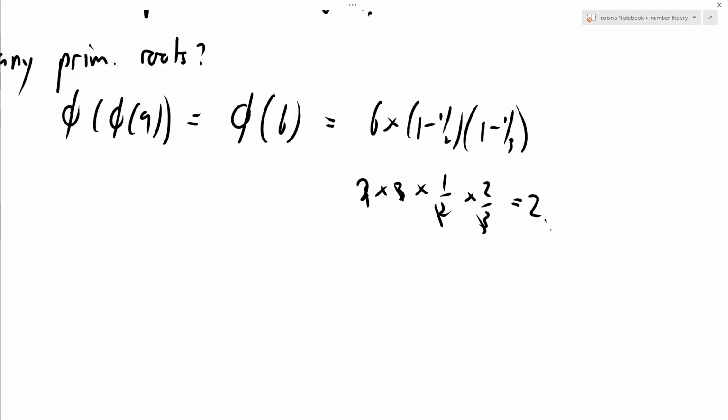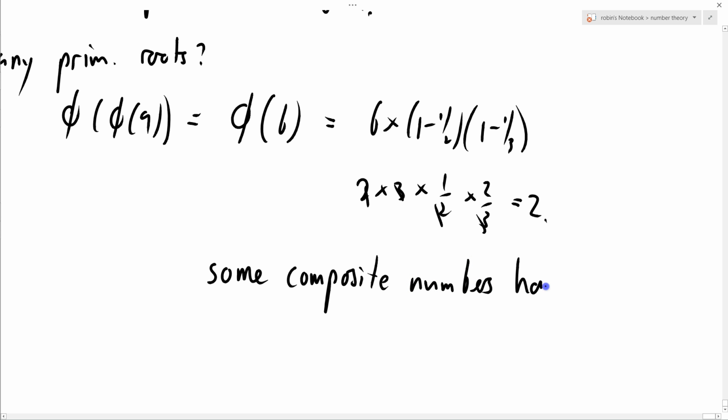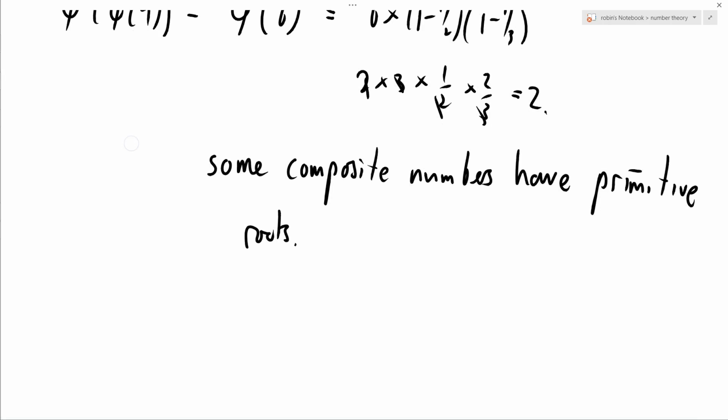So some composite numbers have primitive roots. I think you can show that all prime numbers have primitive roots. I won't prove it, but you can show this. All primes have primitive roots.